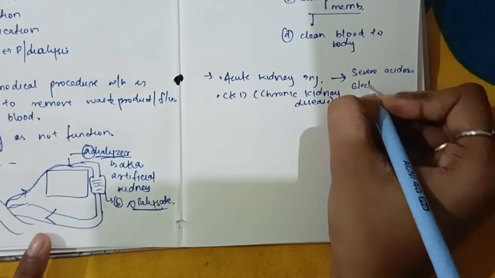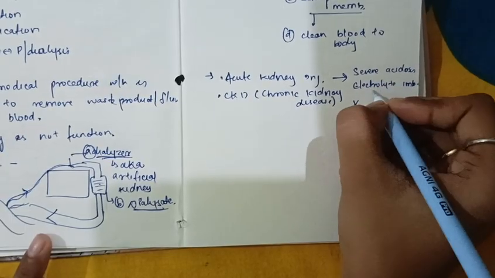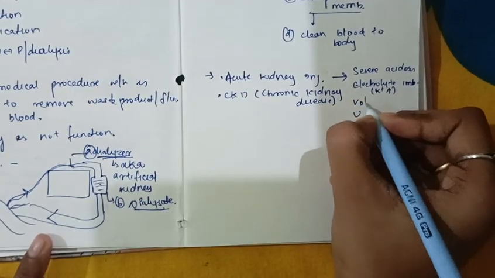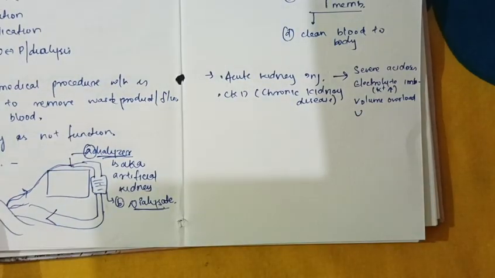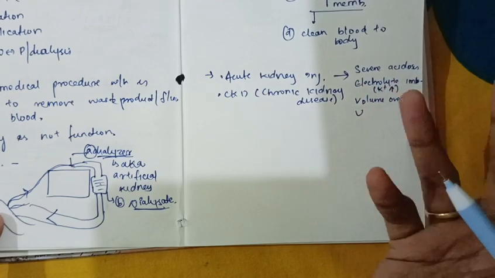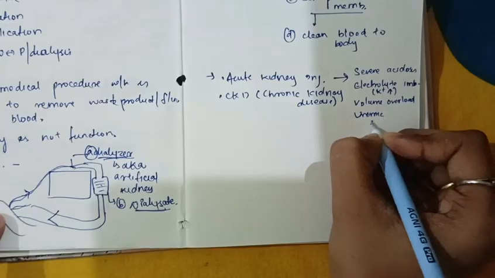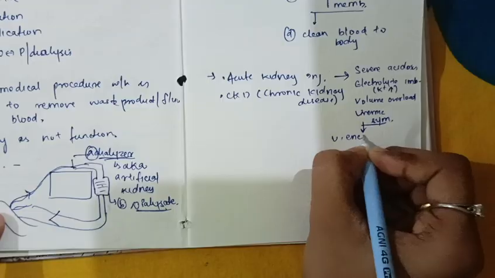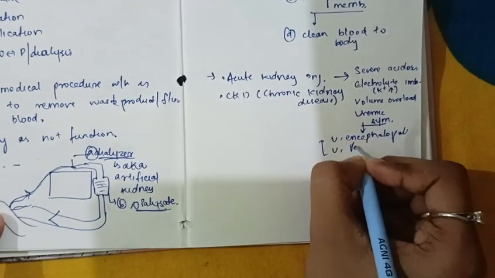E is electrolyte imbalance, and the most important electrolyte imbalance is increased potassium. V is volume overload, in conditions like toxicity or excessive blood transfusion. Finally, U is uremic symptoms, such as uremic encephalopathy and uremic pericarditis.